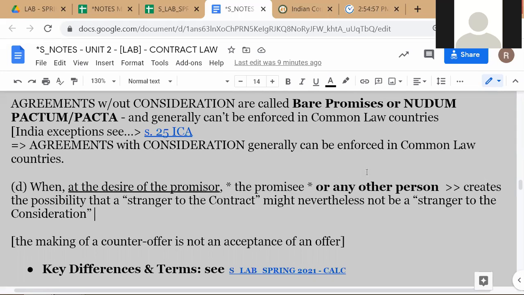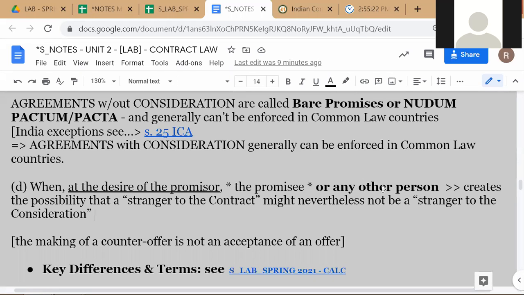Whatever he does might form the consideration for the promise, and that will seek to bind this party. Even though this guy is not a party to the contract, section 2(d) of the ICA says that at the desire of the promisor, the promisee or any other person might do something.